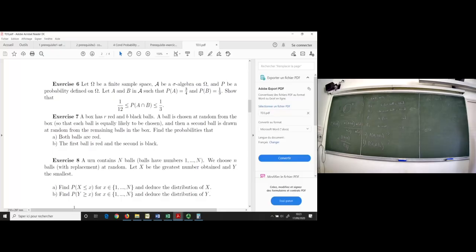So I want to compute this. If I have a look on my formula on the left part of the board, I have the intersection here. And in fact, using the definition of the conditional probability, I can express the probability of the intersection using the conditional probability.